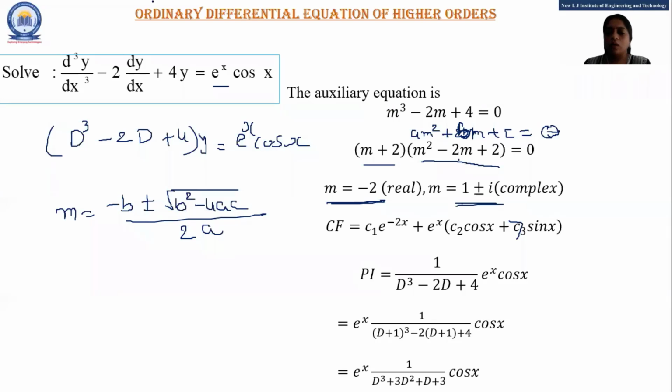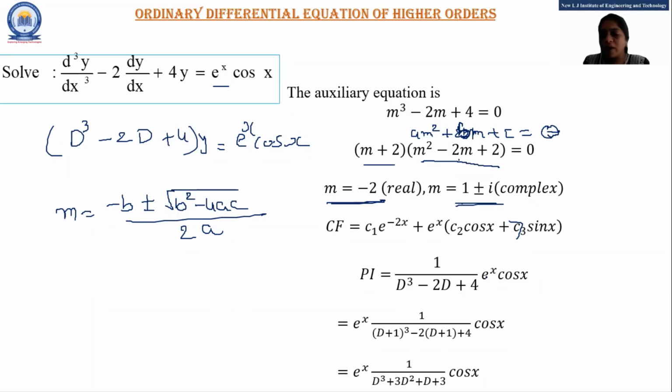Okay. So CF is complete now, right? Now, what about the PI? So for PI, as per the rule, 1 upon function of D, and our function of D, that is the multiple of y, is D cube minus 2D plus 4 into e raised to x cos x.